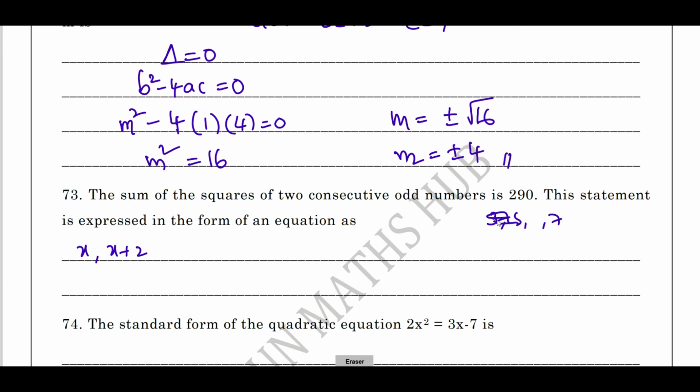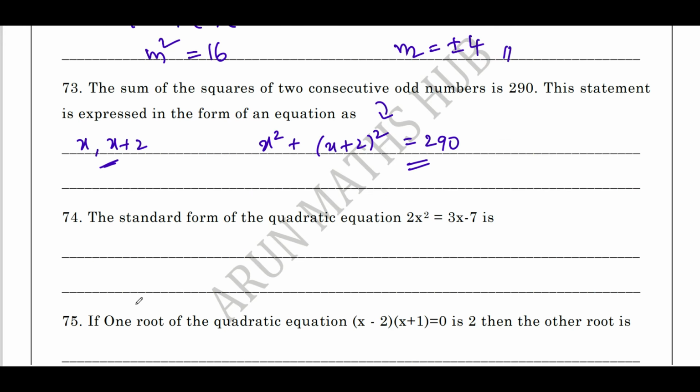Therefore the two consecutive odd numbers will be x comma x plus 2. The sum of the squares, that is x square plus (x plus 2) square, equals 290. This is how you present the above statement in equation form.